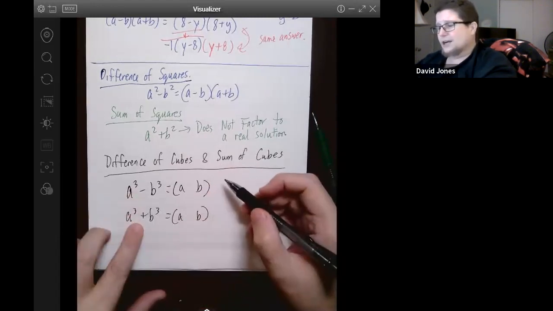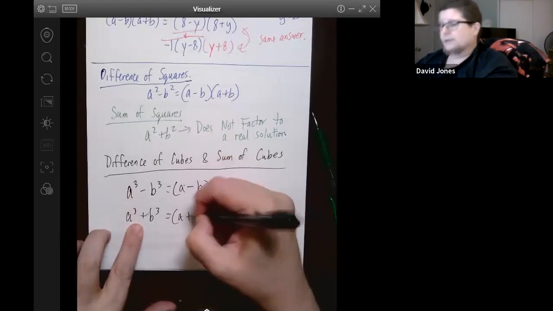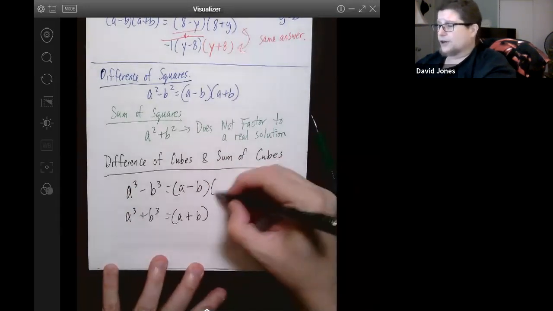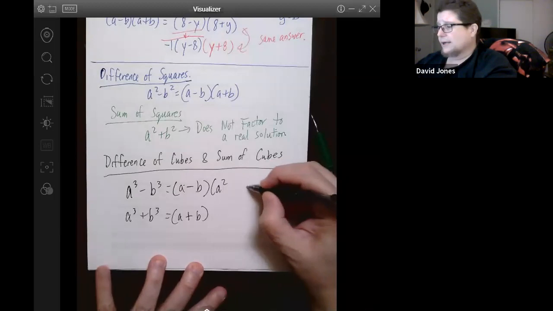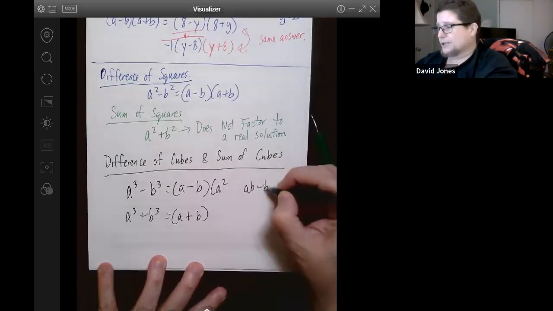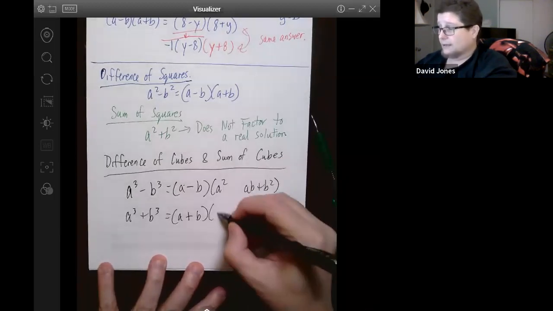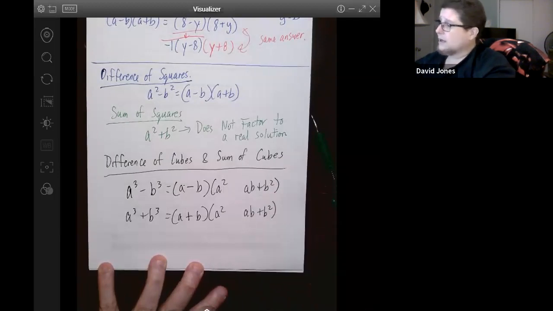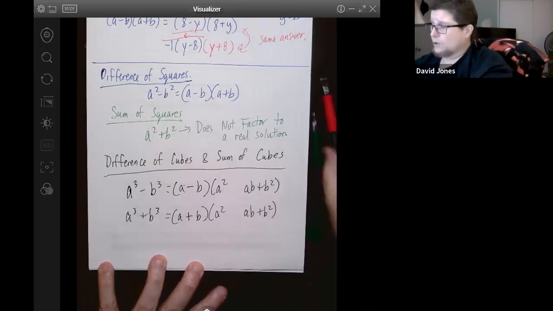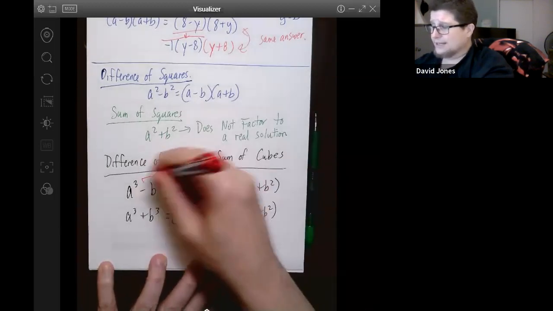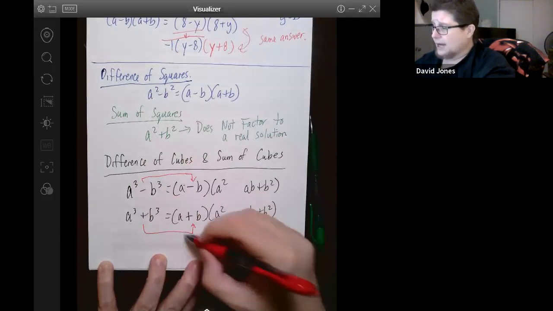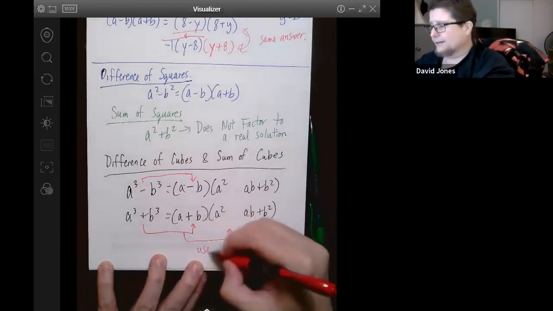Whichever sign is here, put here. And then you're going to have an a squared and ab plus b squared like this. And whatever sign's here goes here. And use opposite sign here.